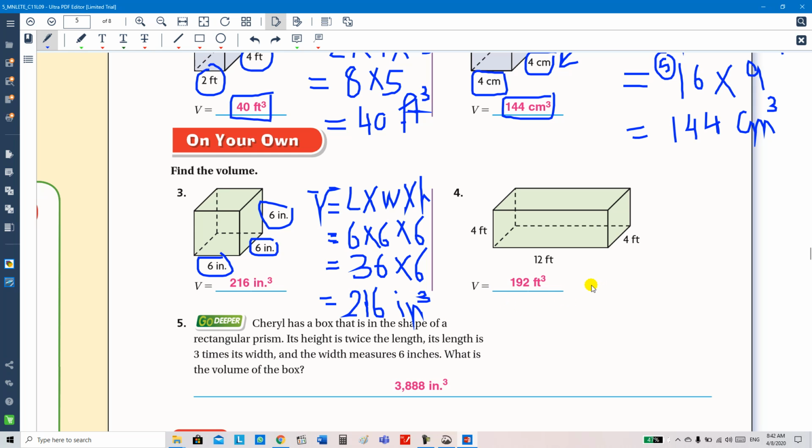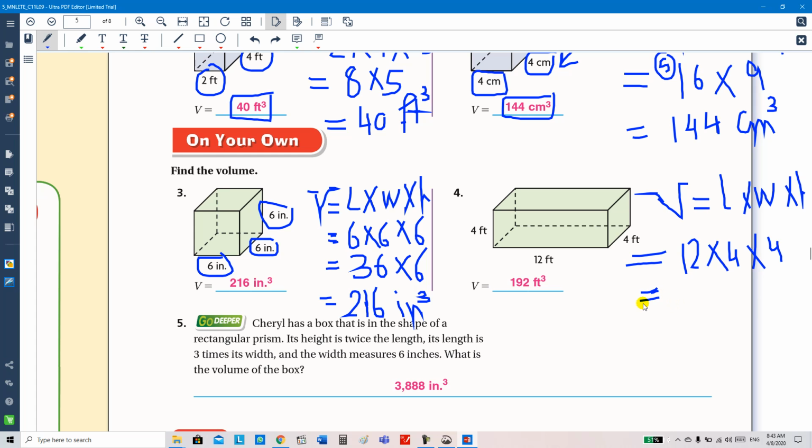Okay, what about the next one? The same way, volume equal length times width times height. Okay, so it will be equal length equal 12 first by 4 by 4.